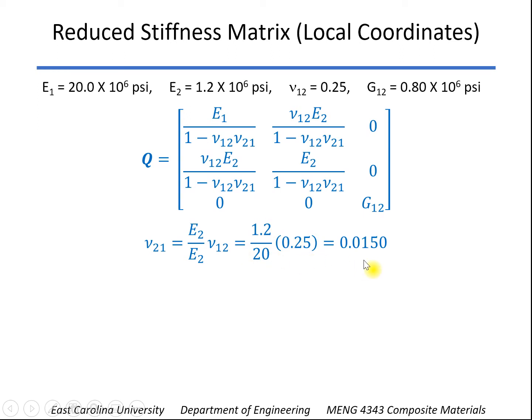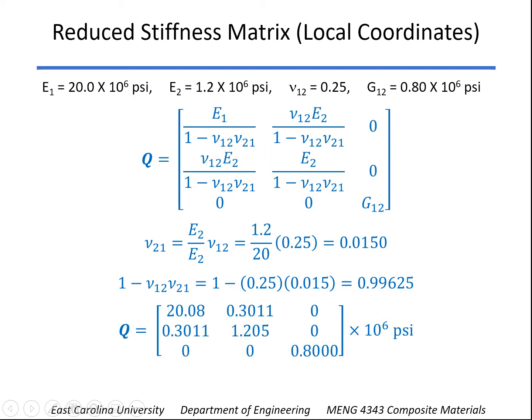So nu 2,1 tends to be very, very small. And this quantity 1 minus nu 1,2 times nu 2,1, you can see that's very, very close to 1. So when we divide these values by that quantity, they're not going to change very much. So this 20 million becomes 20.08 million, the 1.2 million, 1.205.